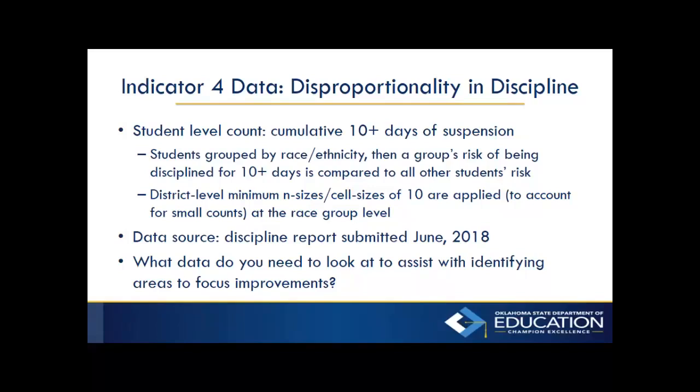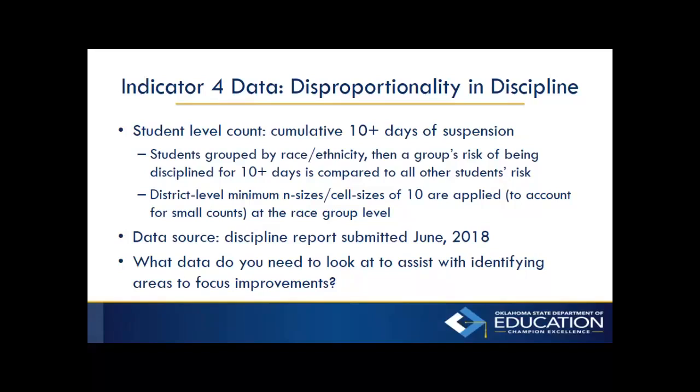So if you're wondering where we get that data, you report it to us at the student level in the Ed Plan. So in terms of what you need to look at to assist with identifying areas for improvement, you should be looking at your discipline policies. You should be looking at whether certain groups are identified more frequently than others. If you have a high risk ratio, that means that indeed one group has been identified and suspended more often than other groups.